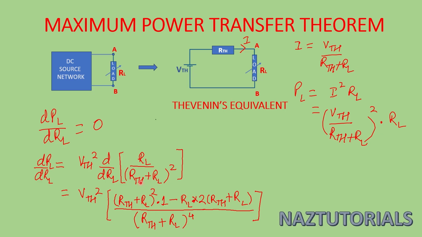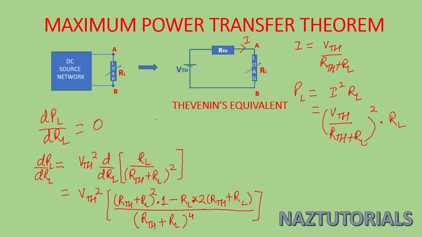According to this, the denominator is RTh plus RL whole power 4. The numerator is RTh plus RL whole square into differentiation of RL with respect to RL, which is 1, minus RL into differentiation of RTh plus RL whole square with respect to RL. So this is our equation.